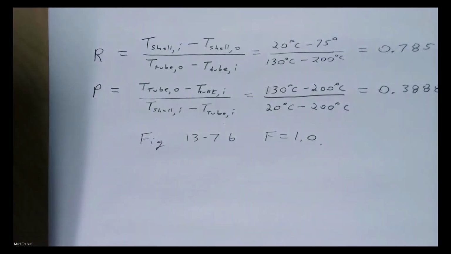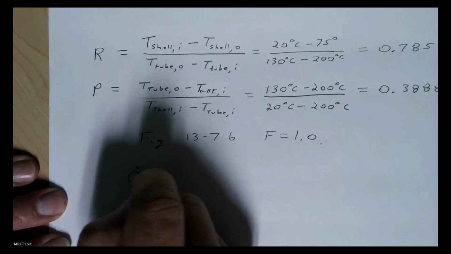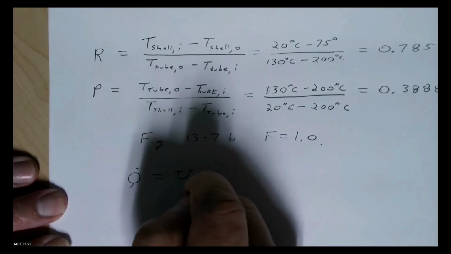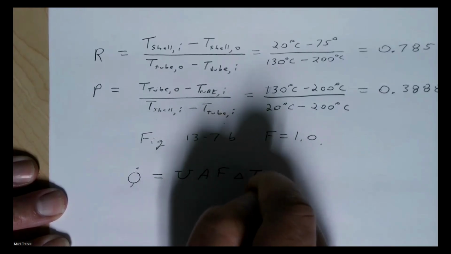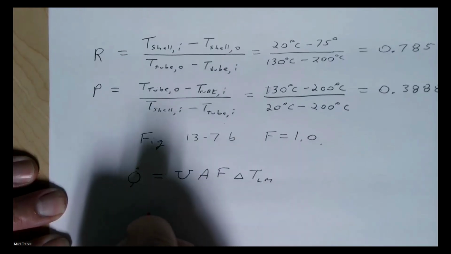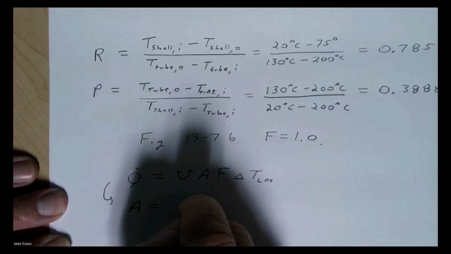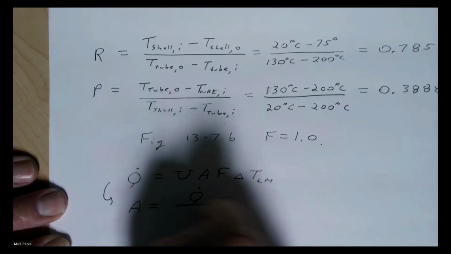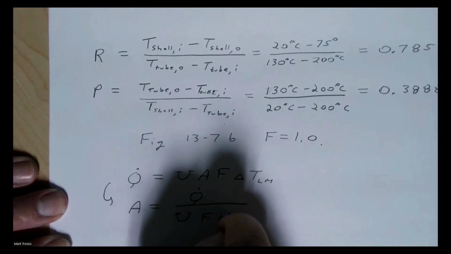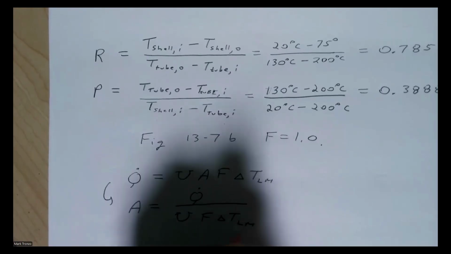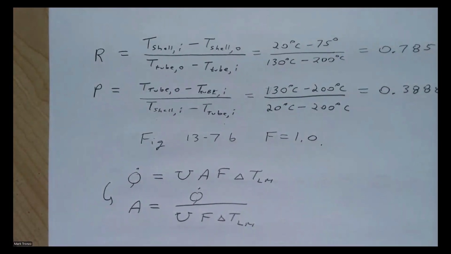So now we have just about everything we need. So we're going to use, for the heat exchanger, use this. And we want to solve for A, the area of the tube, like this.